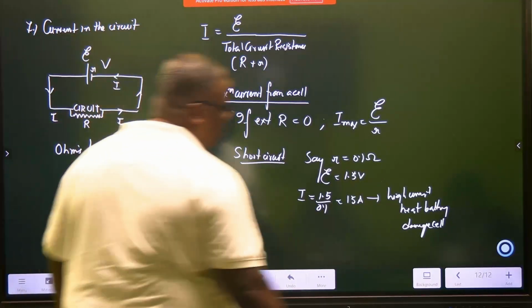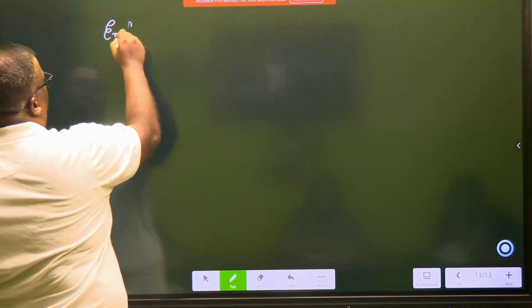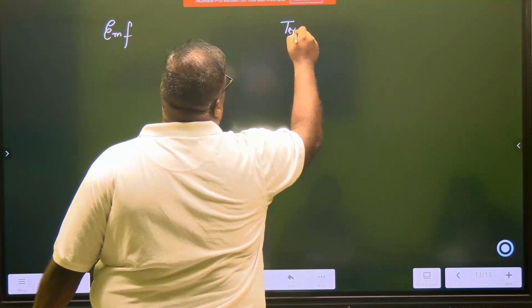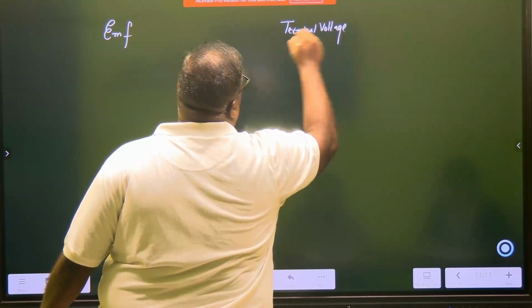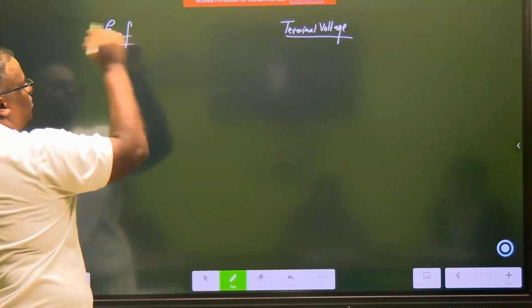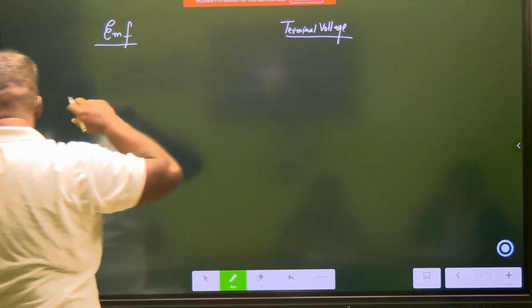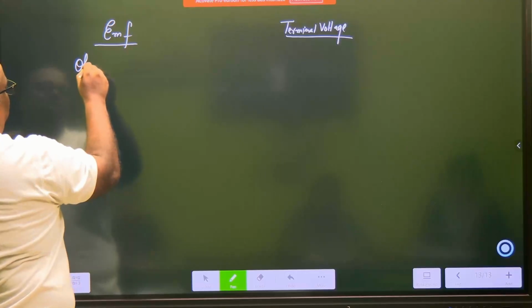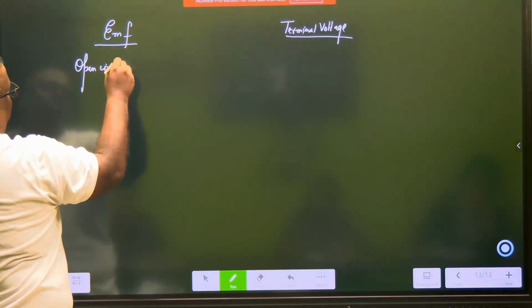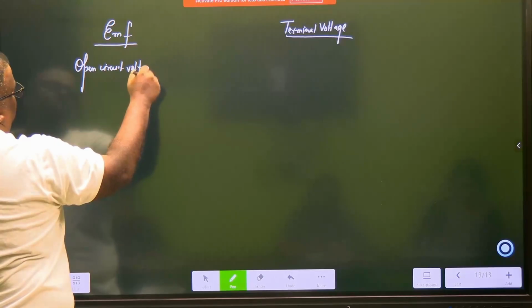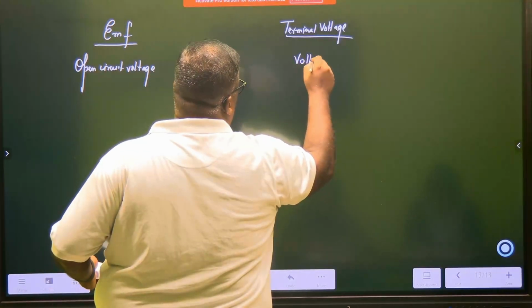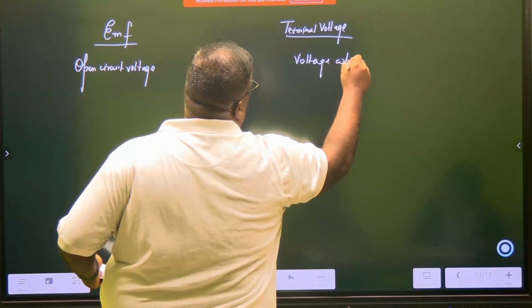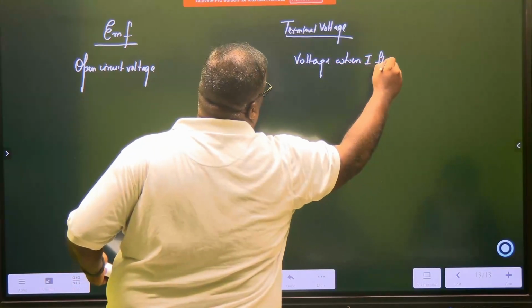So let's summarize a bit between EMF and terminal voltage. I hope by now you understand. Terminal voltage is when you are connecting a circuit. EMF is when it is in open circuit. So our first thing is, this is open circuit voltage, and this is voltage when current flows.